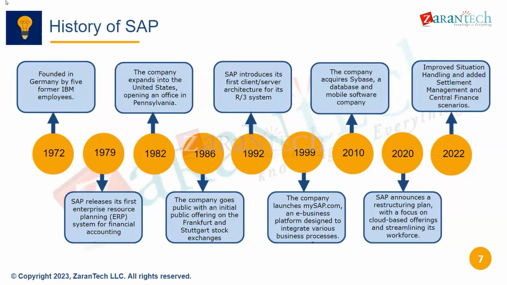Then they had a different module, the materials management module, which focuses mainly on the procurement side. Then they had the SD module, sales and distribution, which focuses on customer service activities like order processing, billing to customers, and customer claim settlement.